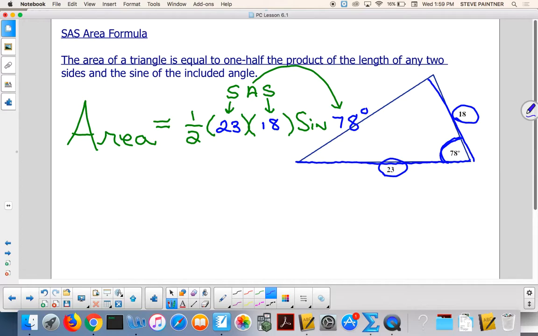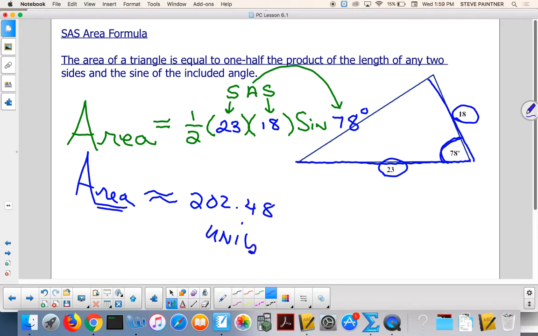That's how easy those are. Type it in. What'd you get? Area is 202.48, and then of course it's area, so we go units squared. Units squared. Don't forget your units.